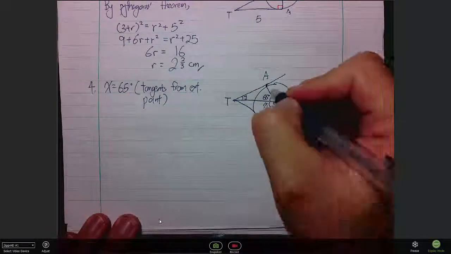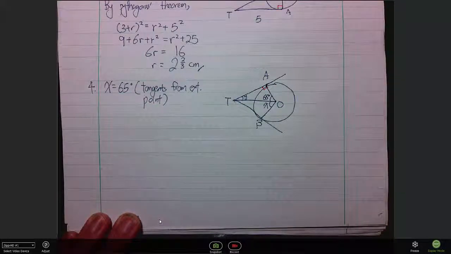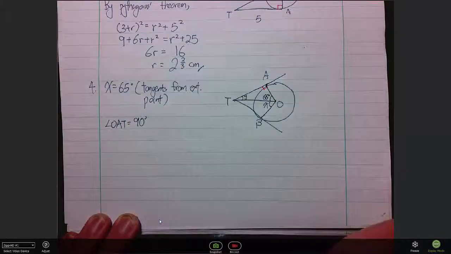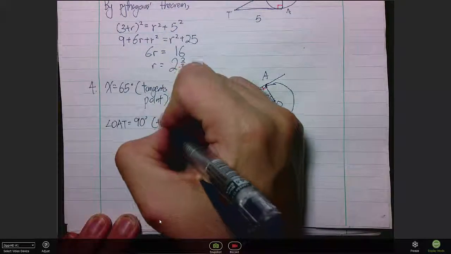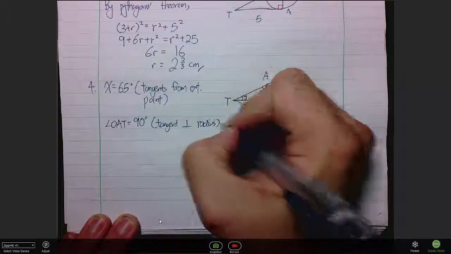Next, we know that OAT is equal to 90 degrees. I say angle OAT equals 90 degrees because tangent is perpendicular to radius.